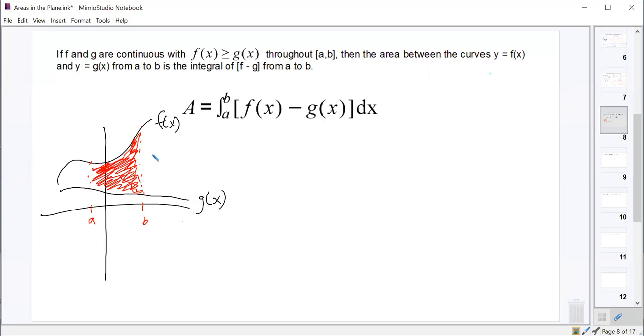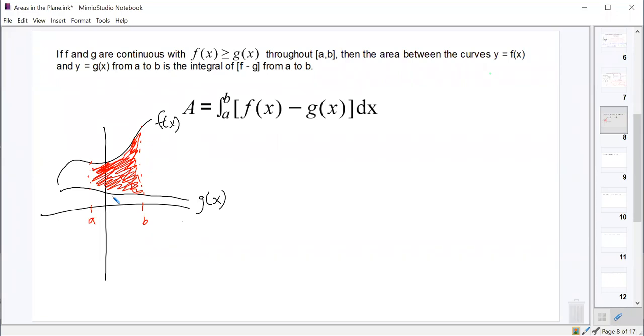Because if I do A to B of f, that's going to take care of everything below f, which will include all of the space between g and the x-axis, won't it? And then if I knock off the piece below g, that should just leave me with the piece between the two functions. Good or no? Good. Cool.